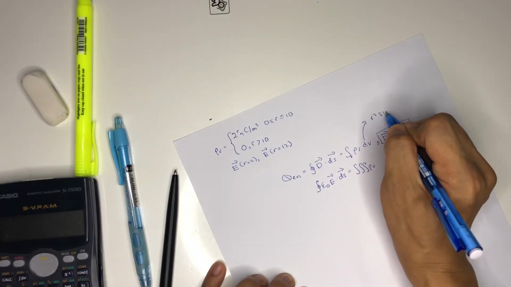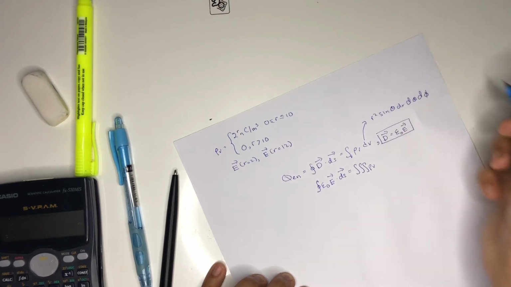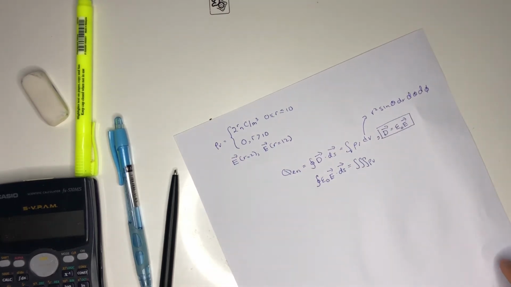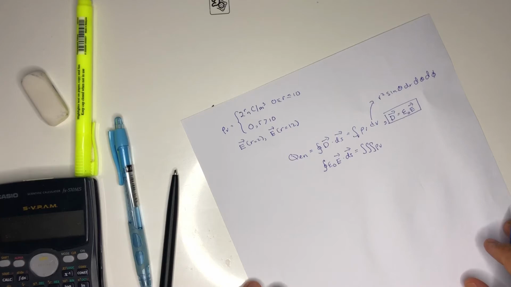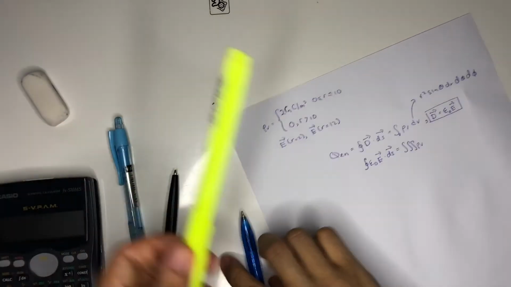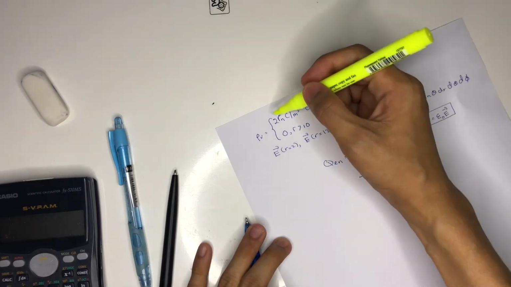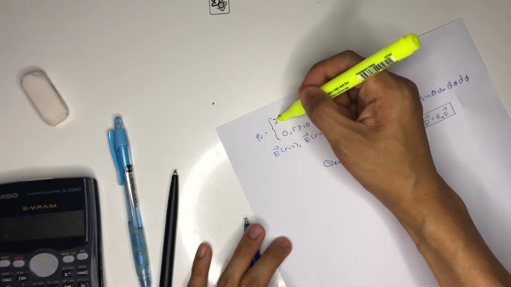R squared sine theta dr d theta d phi. Am I correct? So that we do not forget there is an element component of r inside our rho v, we can highlight it.